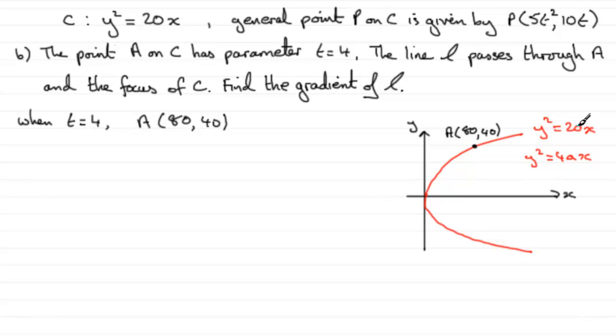So when you compare the two, you can see that 4a is 20, so a has to be equal to 5. So the coordinates of the focus then will be (5, 0). It's not drawn to scale, but I'll just pop that in there as (5, 0).